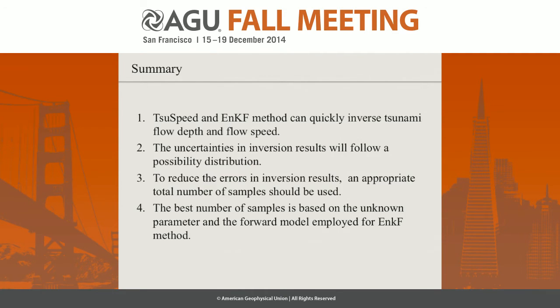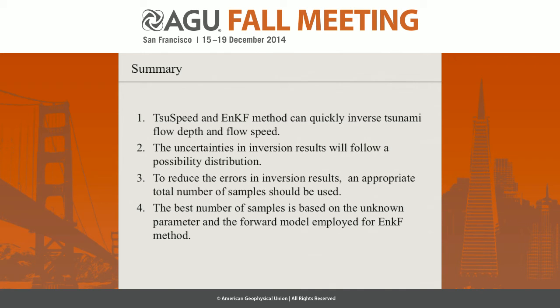the EnKF method. So finally, I will make a summary about this talk. First, the TsuSpeed and EnKF method can quickly invert the tsunami flow depth and the flow speed. Secondly, the uncertainty in the final result will follow a probability distribution.